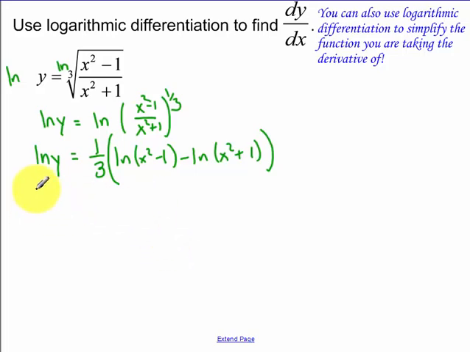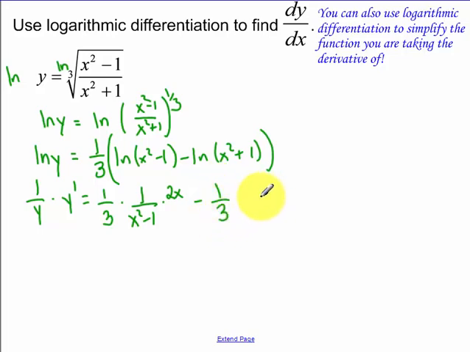So now do your derivative. Chain rule, 1 over y. You can also write dy dx as y prime. The derivative of this: I'm going to distribute the 1/3 through. The derivative of that is 1 over x squared minus 1 times the derivative of the inside, x squared, or 2x.